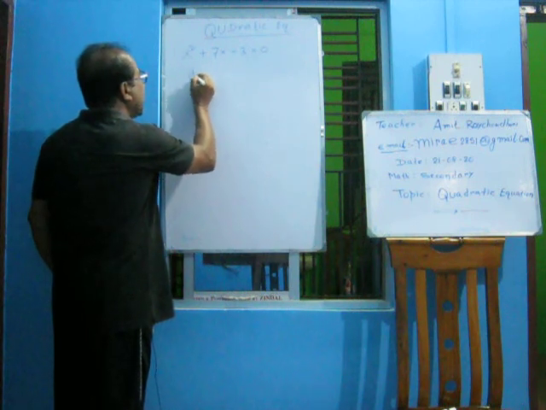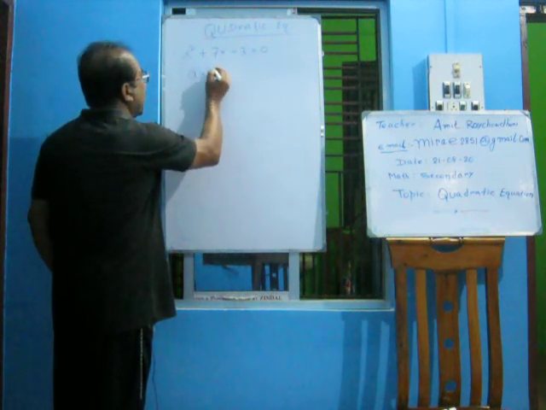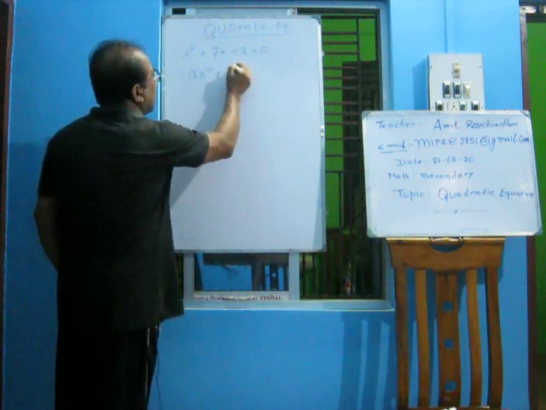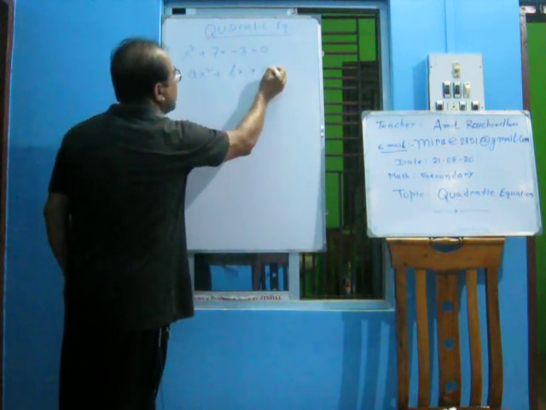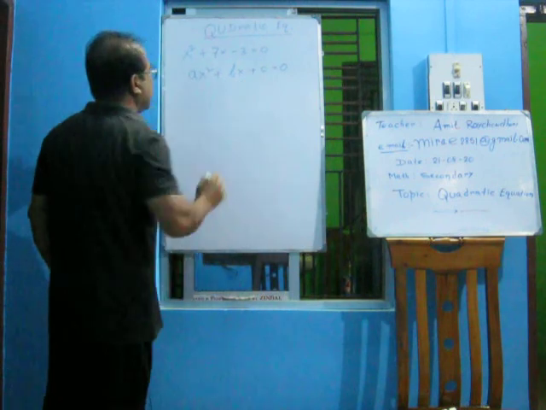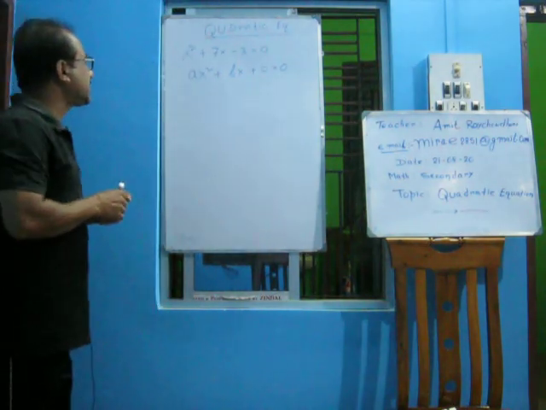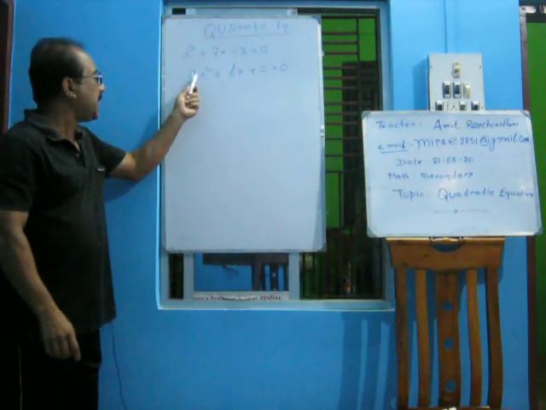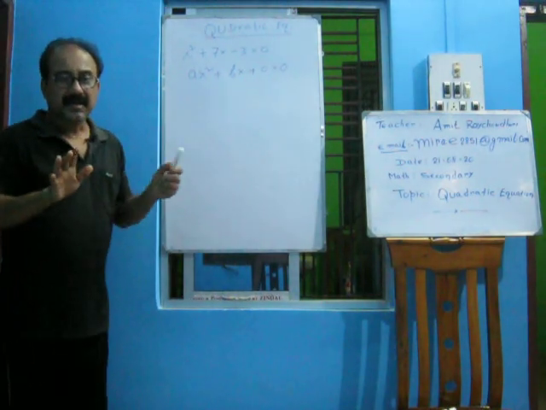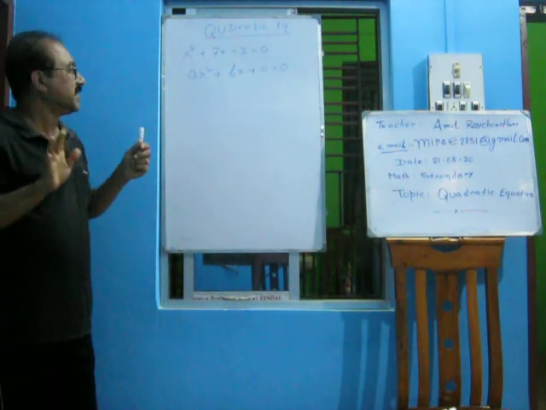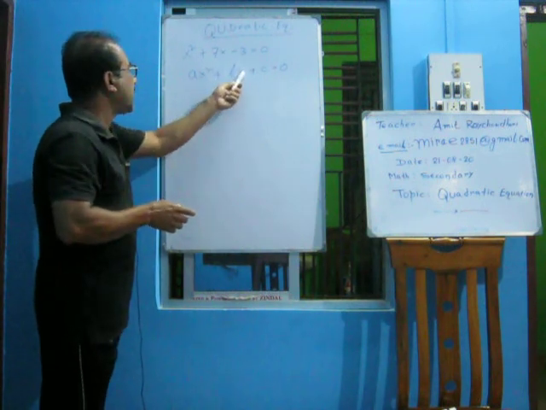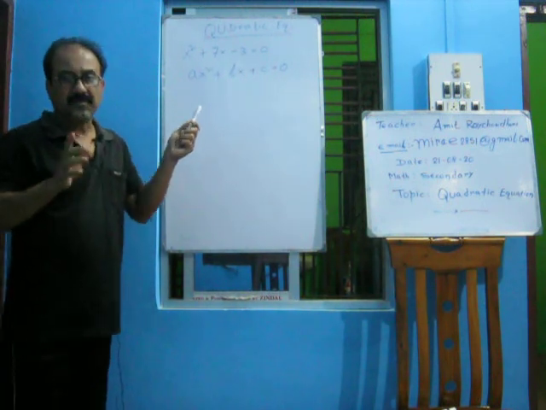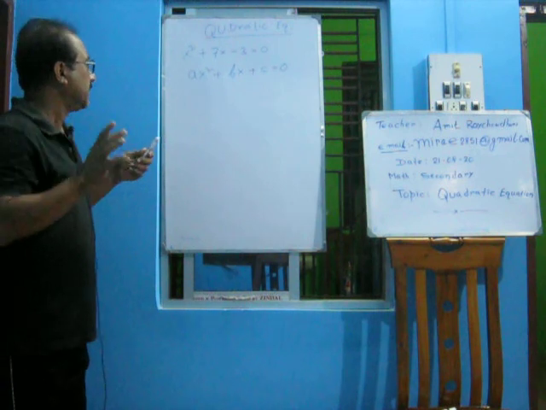Now in general, if I want to write the format of a quadratic equation, it can be seen as ax square plus bx plus c equal to 0. That means a, b and c are integers, and x square and x are the single variable.